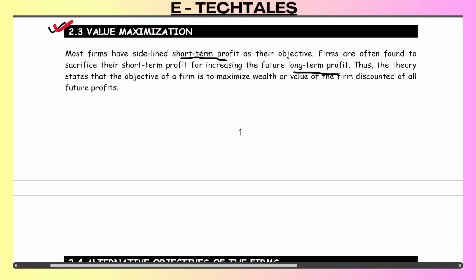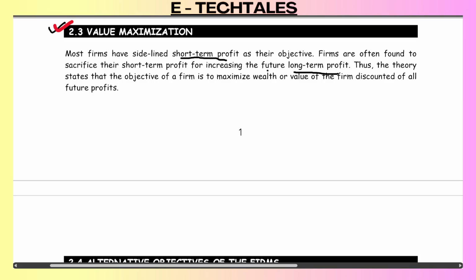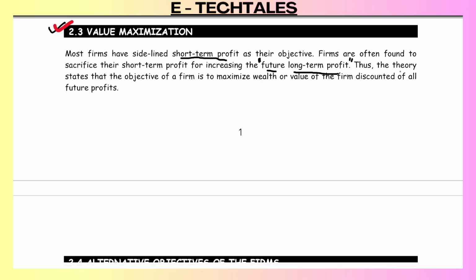The short-term profit is based on the near future, and the long-term profit is based on future profit, that is, until the company or the firm goes on. So these are mostly the long-term projects and the short-term projects.